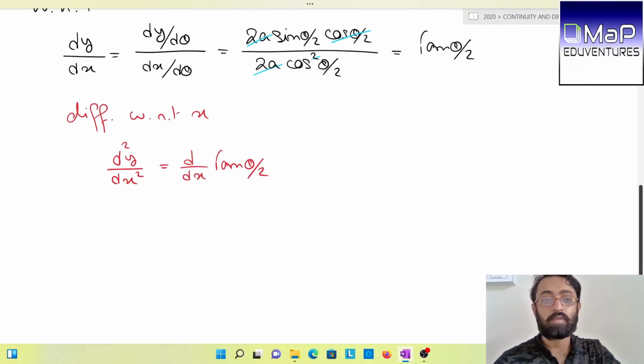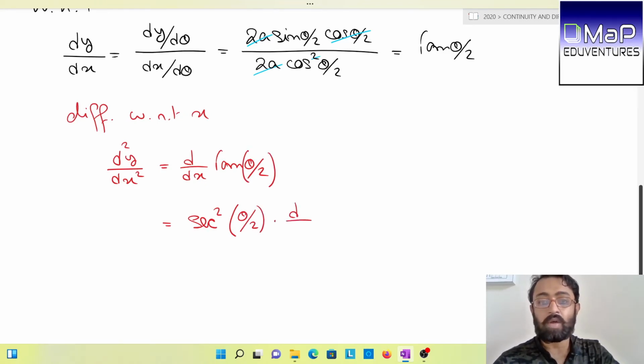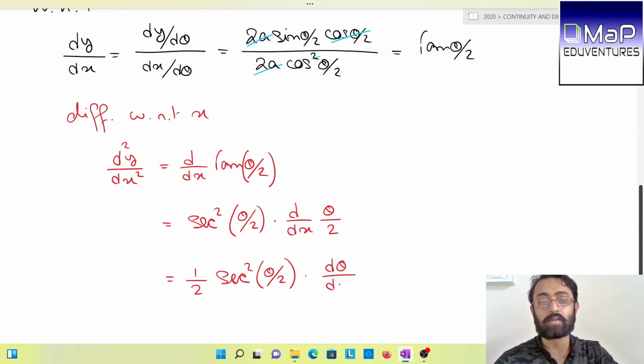Now what is the derivative of tan? Sec square, keeping the variable the same. Now apply the chain rule: d/dx of θ/2. So the constant 1/2 comes forward, sec²(θ/2), and you will have dθ/dx.